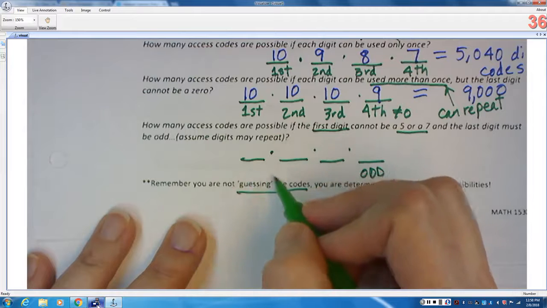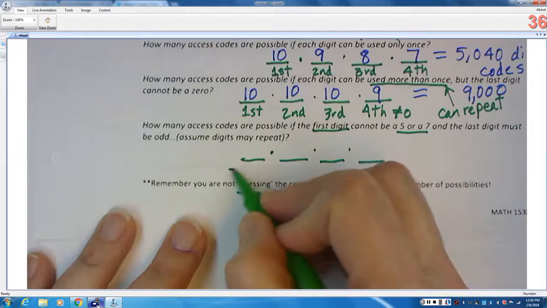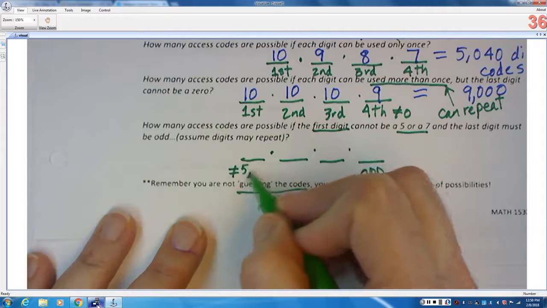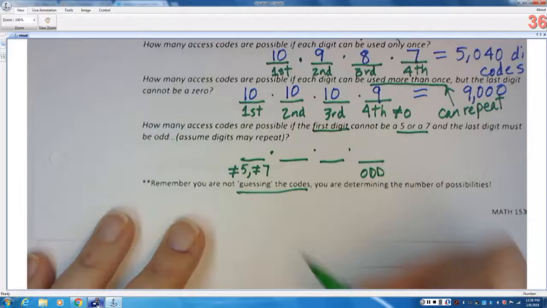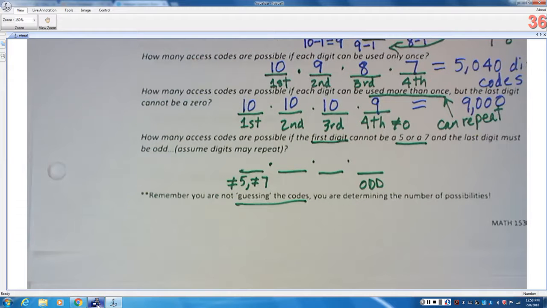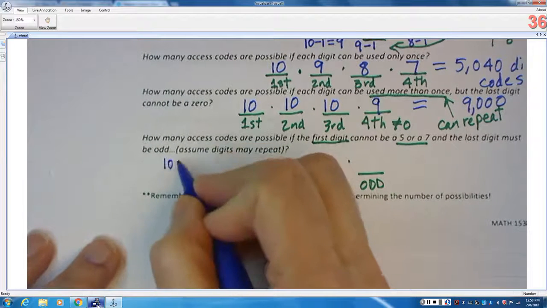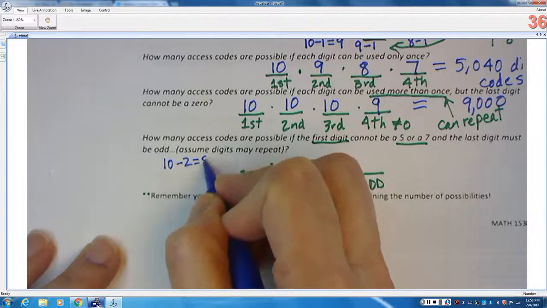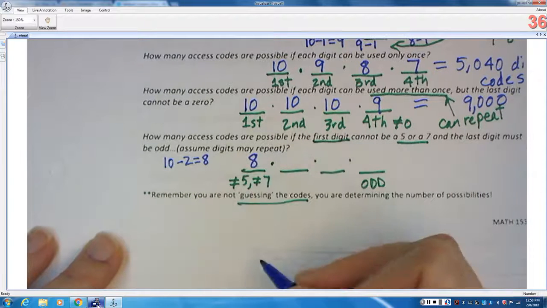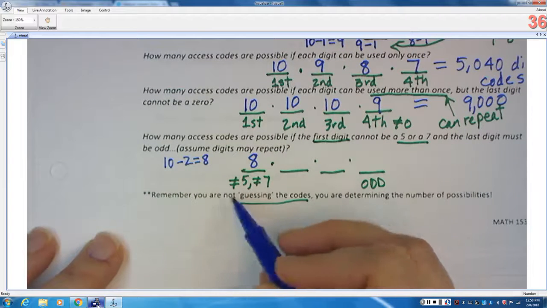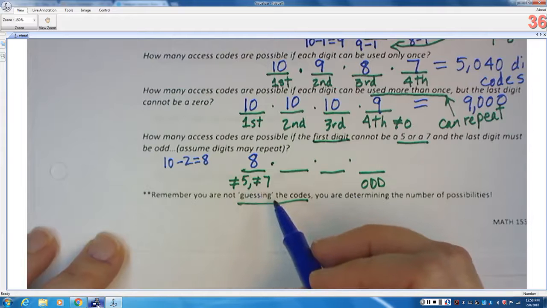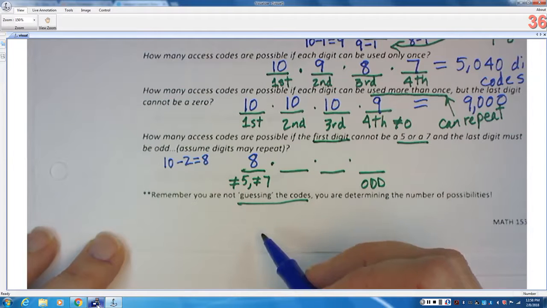So the first cannot be a 5, can't be a 7. For the first digit, we take 10 minus 2, which is 8. There's 8 possibilities: 0 through 4, 6, 8, and 9.